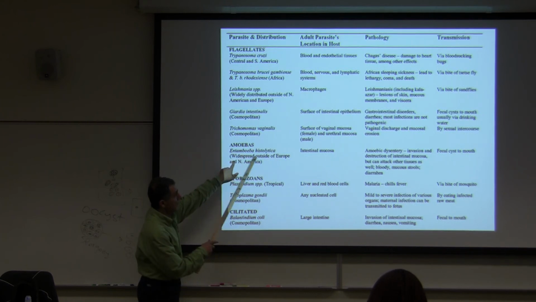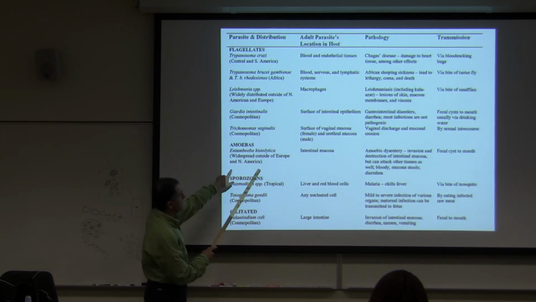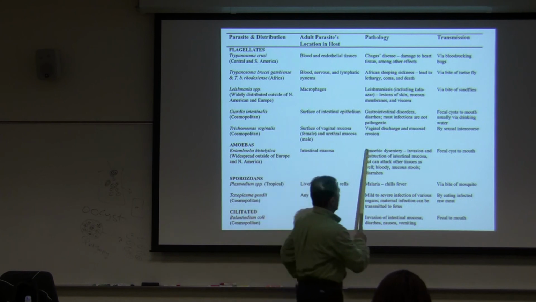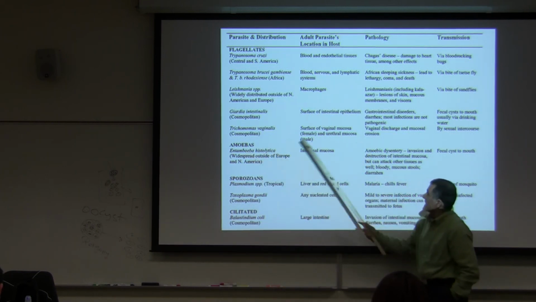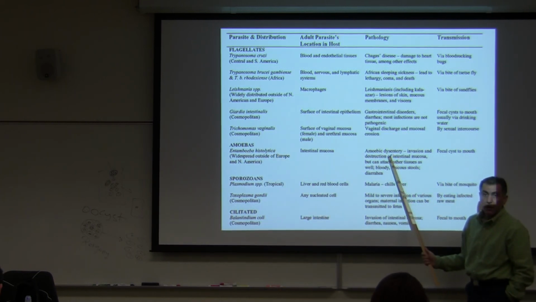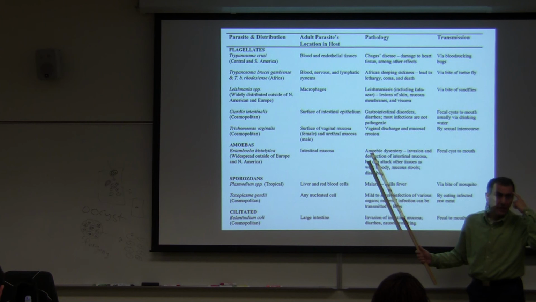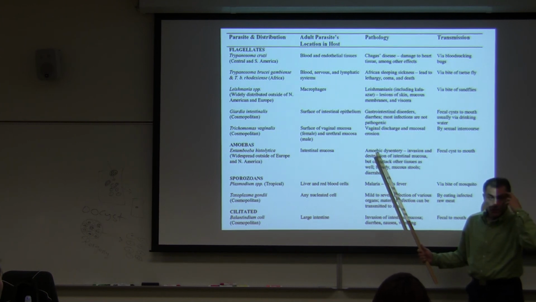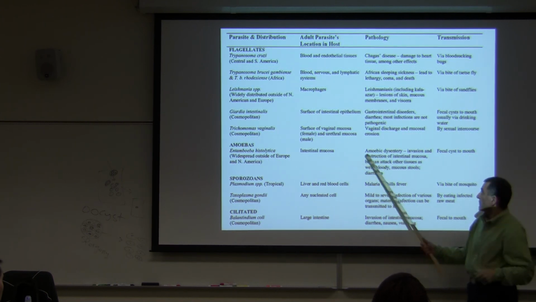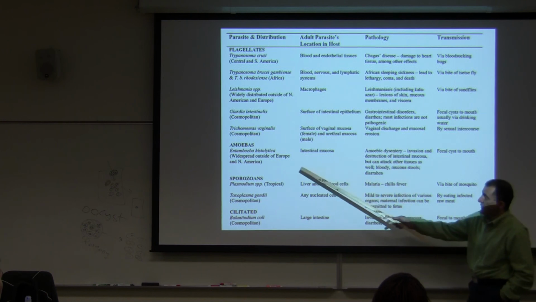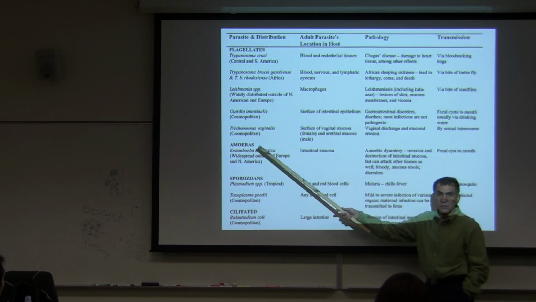Entamoeba histolytica. Another name is amoebic dysentery. Here we go. You remember amoebic dysentery? But for Naegleria fowleri, they call it primary amoebic meningoencephalitis, PAM. Okay, but this one is called amoebic dysentery, Entamoeba histolytica.